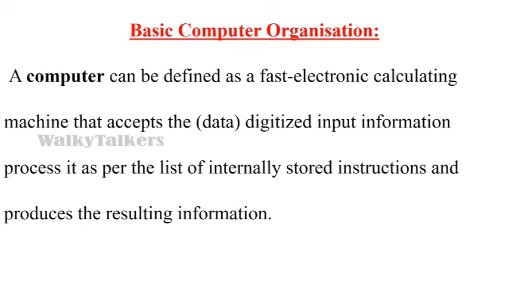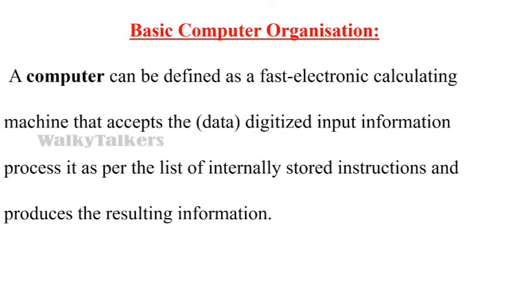So a computer is a very fast electronic calculating machine. The users put an input to the computer. According to the instructions we give, it processes the input data and produces the resulting information or output. So that's what a computer does.